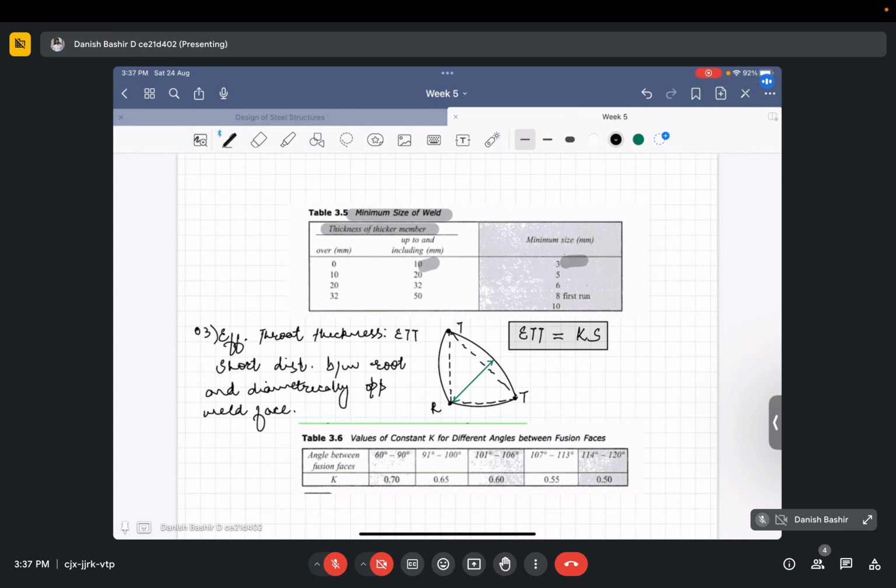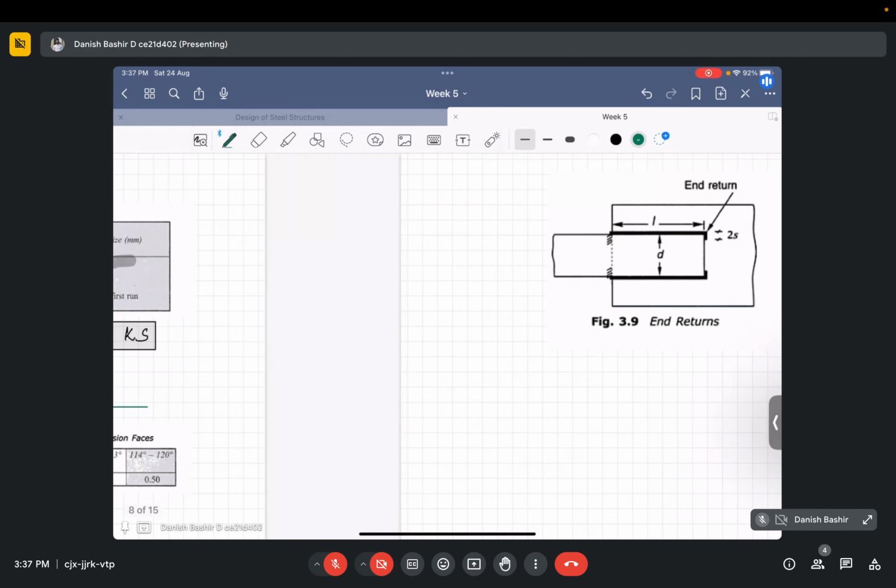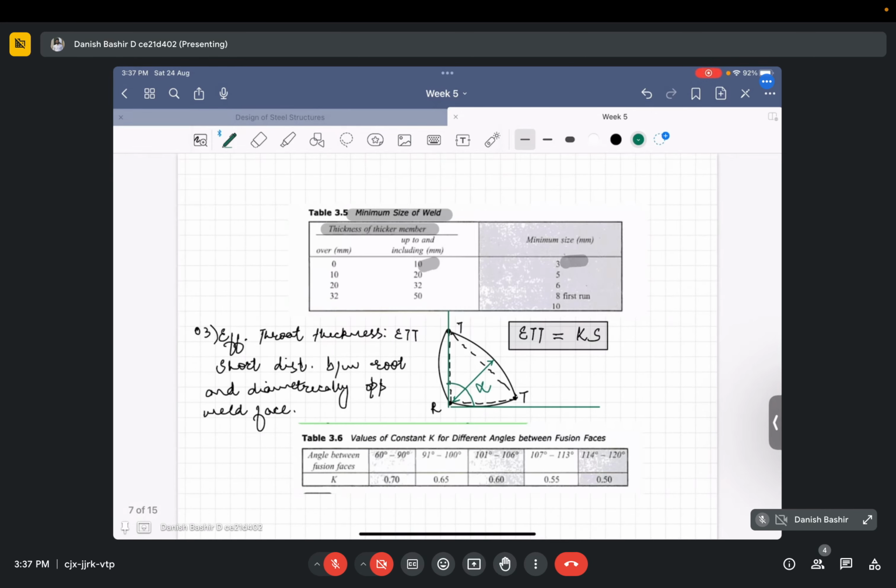These are the fusion faces actually. So we have one member like this to be joined and another member like this to be joined. Whatever the angle between these two faces, if this is alpha, we call it the angle of fusion. So it depends upon the angle of fusion.